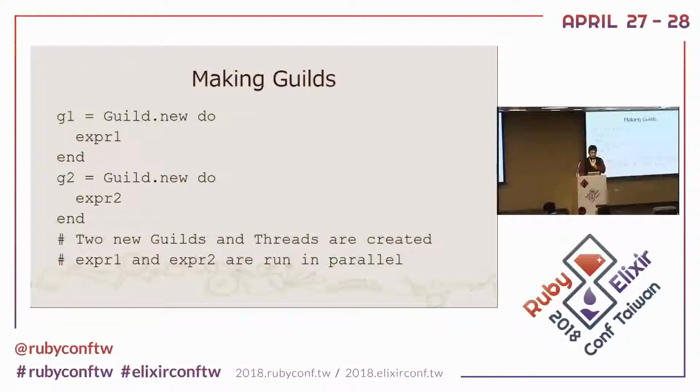So using guilds, this code is a very simple example of making a guild. On this code, we made G1 and G2 guilds, and run expression 1 and expression 2 respectively in parallel.